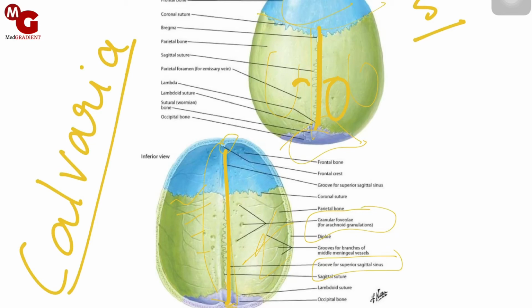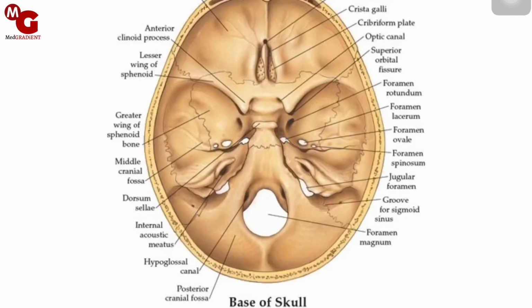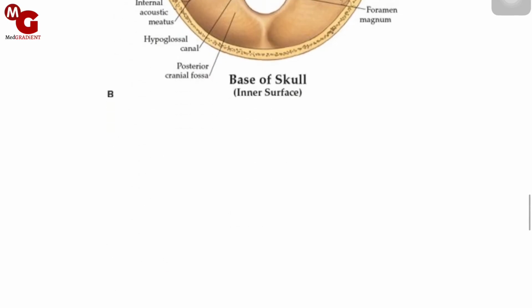As I told you, let's say we have calvaria and we open this calvaria. What remains below is called the base of the skull, or the cranial base. Now, in this, what I want you to understand, and the things about the floors that I was talking about, is that the floor where the brain rests is having a layer. What kind of layer? Let's say I draw it over here.